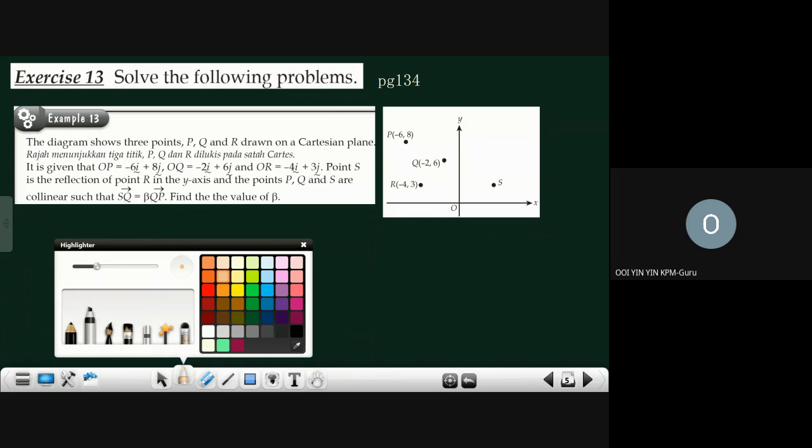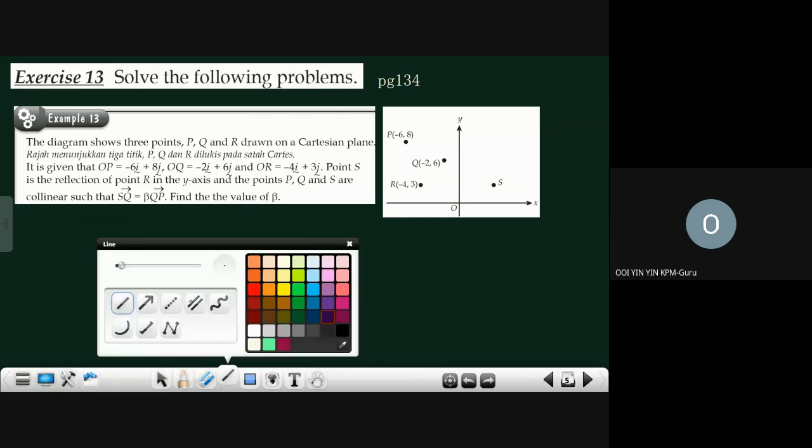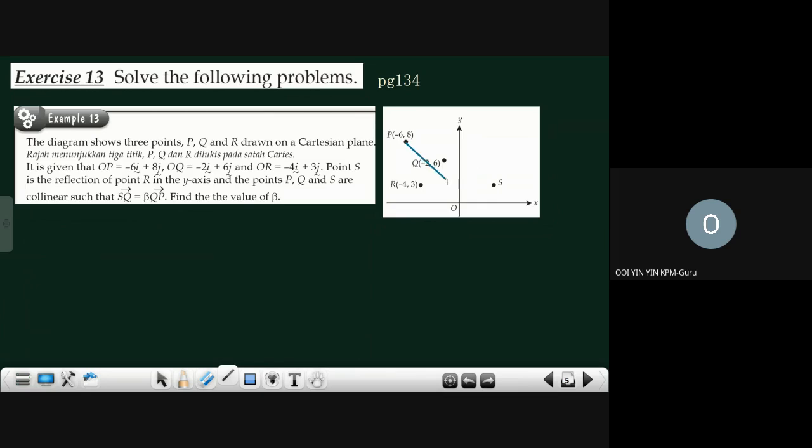And it is given OP, which means the line from O to P. The line is not given, but never mind, I can always draw it myself so you can see the vector more clearly.